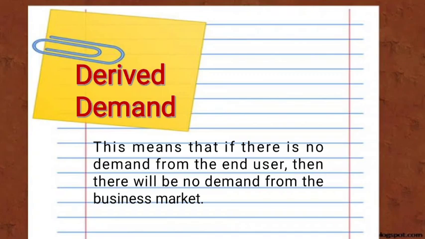So, say for example, if hindi kailangan ng consumer market ang fried chicken, then meaning to say, the business market will not be able to buy or hindi na sila bibili ng mga ingredients or product na pang fried chicken. It's because there is no demand coming from the consumer market. So that is the concept of derived demand.